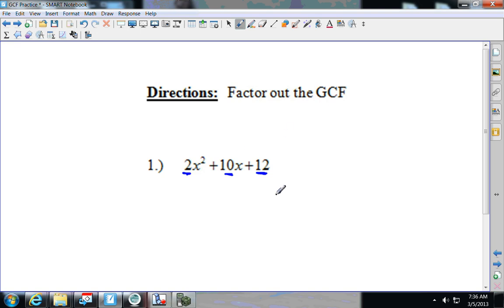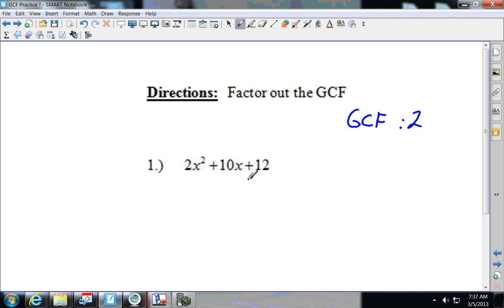Well, you can only put in 2 at a time, but one of the things I do is I look at the smallest number. Does 2 go into 10? Yes. Does 2 go into 12? Yes. My GCF for this one will be 2. If the smallest number you have in this trinomial goes into all of them, then that's your GCF.